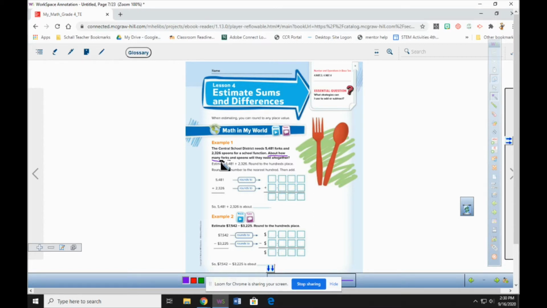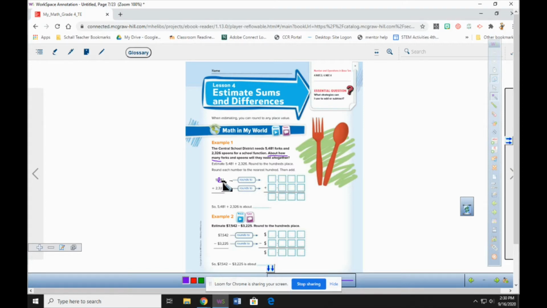5,481. They told us to round it to the hundreds place. So I need to look at the number that was in my hundreds place, which was a 4. And then I'm going to look at the place to the right to decide whether I'm rounding up or down. I have an 8 there. Since I have an 8, that means I need to round up.